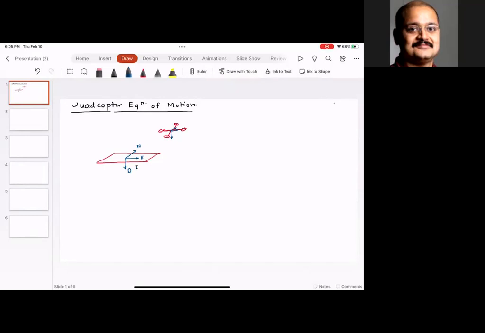This is the Earth center coordinate frame. And this is the aircraft body coordinate frame.